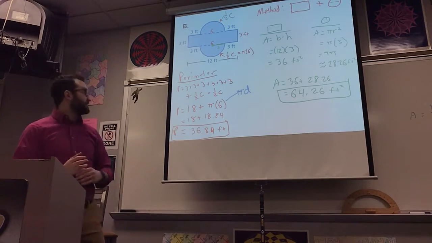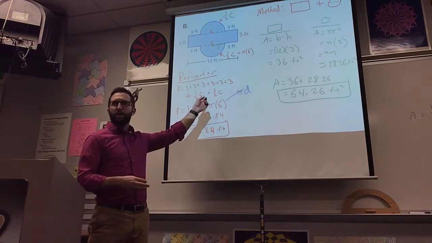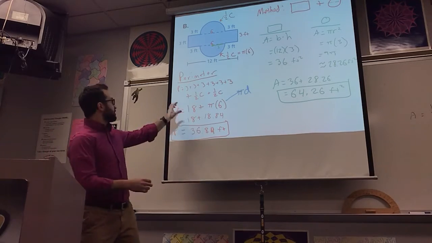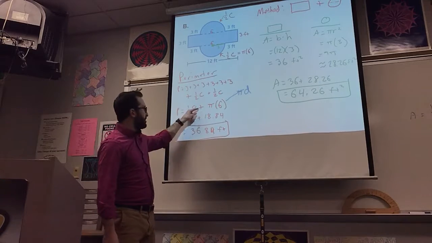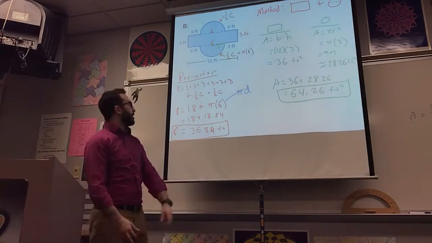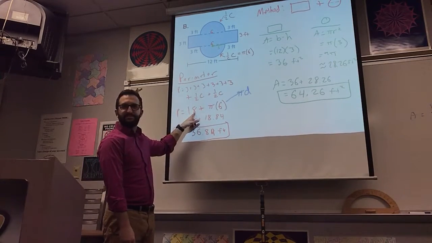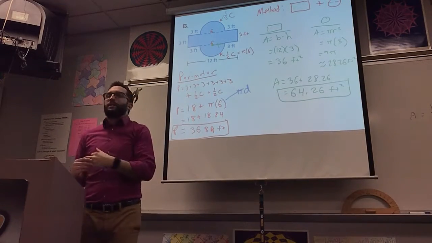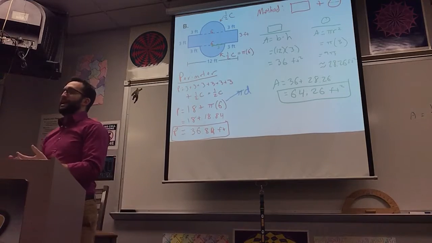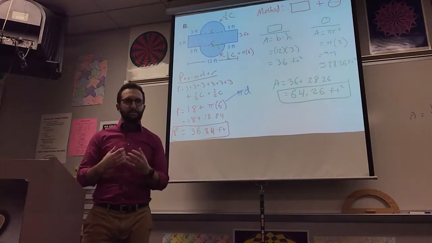Now, on these problems, I wrote down a lot more for the perimeter than you probably would have written down, because these are notes. I wrote down the entire strategy and every step. If it were me doing this, I probably would have just gone straight to 18 plus, and then figured out what I need. The key is making sure you write down what you're looking at, the pieces.